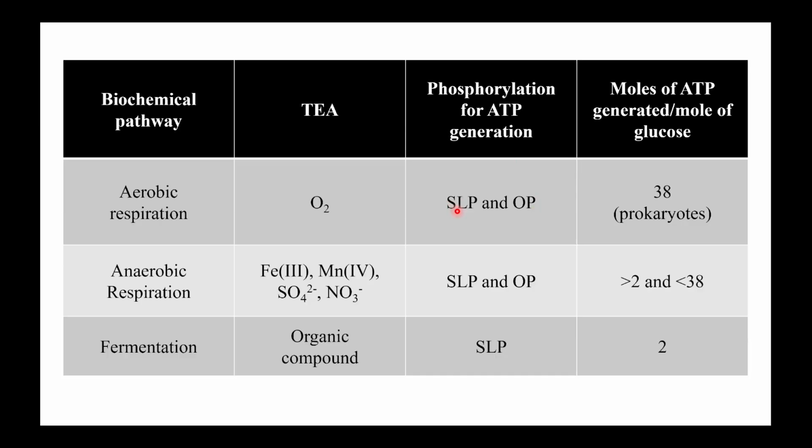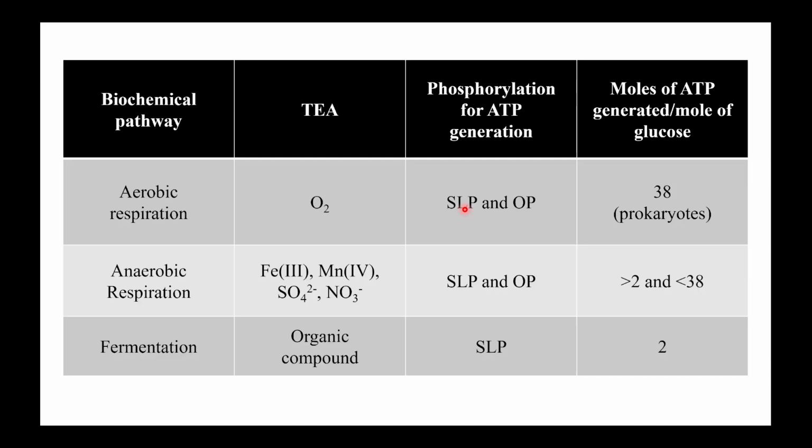phosphorylation occurs for ATP generation in 2 processes. One is substrate level phosphorylation. Substrate level phosphorylation is the process where ATP is generated by addition of phosphate via some substrate. Remember the two ATP molecules that were formed in the glycolysis pathway?